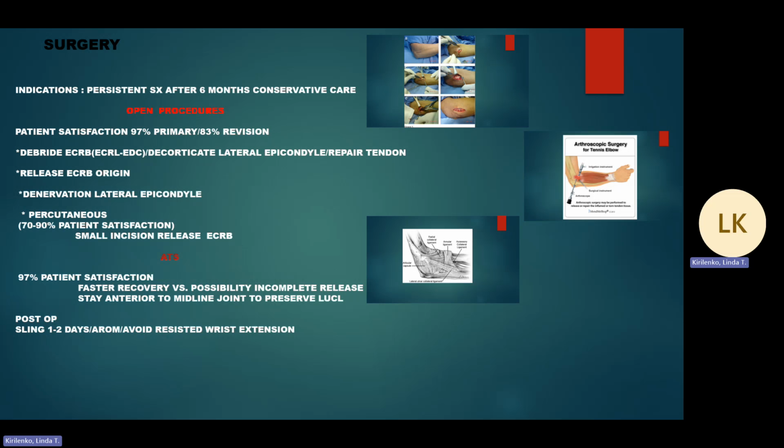This needs to be counterbalanced with the possible incomplete nature of the release performed. And remember to stay anterior to the midline of the elbow joint to preserve the lateral ulnar collateral ligament. And post-operatively, sling for a couple of days, get them moving right away, but avoid resisted wrist extension for a few weeks.